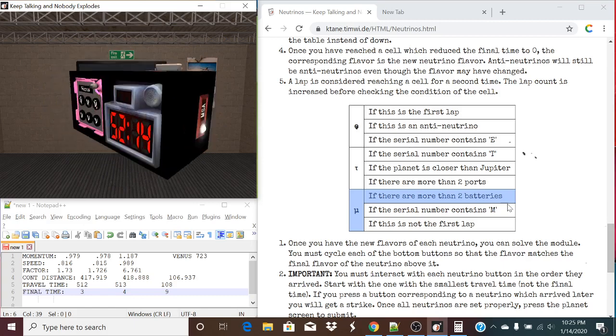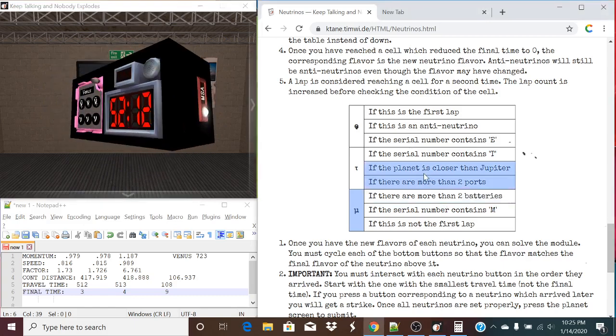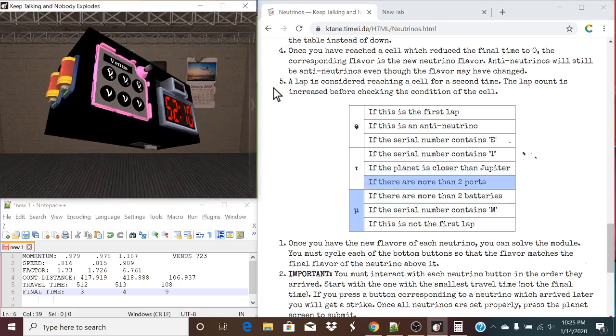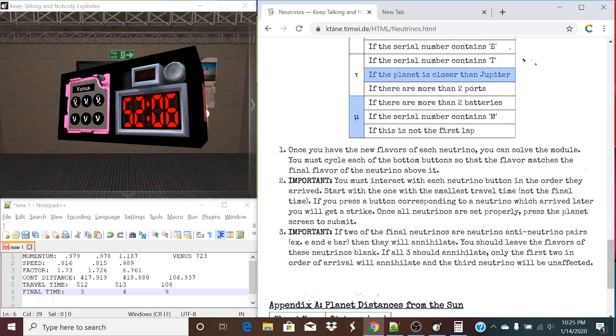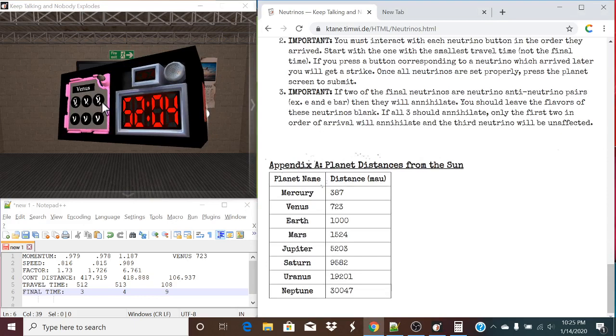No, there are exactly 2. There are more than 2 ports? No, there are also exactly 2. If the planet is closer than Jupiter, Venus is obviously closer than Jupiter. If that is true, we can subtract 1 from the first and the third. 2, and that becomes an 8. We're going to be at this one for a while.